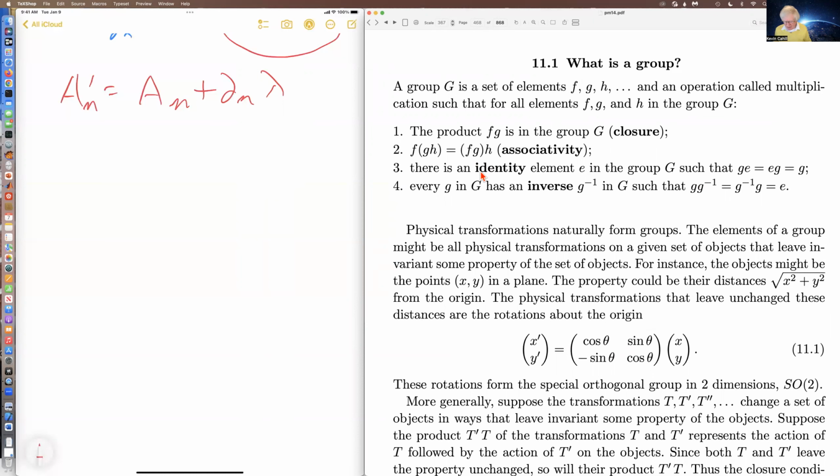And the essence, apparently, or at least almost all the examples I know of a group, well, let me not try to characterize things universally. I'm a physicist, not a mathematician. But what I can say is that transformations naturally form groups.